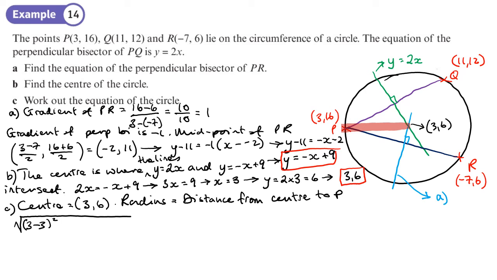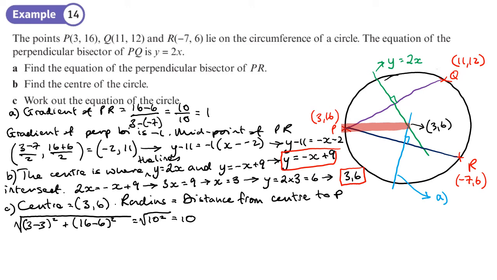Now in a minute I'm going to show you there's probably a little way we can work that out much quicker without even doing Pythagoras, but let's do this first. Then the difference between the y coordinates squared. Okay, now basically what you end up with is the square root of 10 squared, so you end up with 10 as the radius.